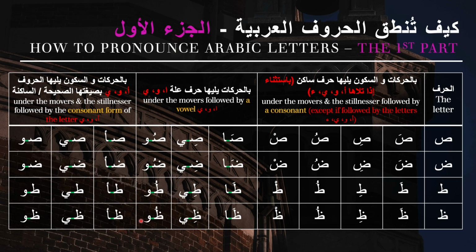You cannot add any other movers in Arabic when it comes with the vowel letter, but you can have any other mover if the letter alif, waw, ya comes as a consonant rather than in an extended or vowel form. If you notice, I could pronounce all of them with the mover fatha, and the letter can still be pronounced in a consonant form, not as an extended form as here. So let's continue.